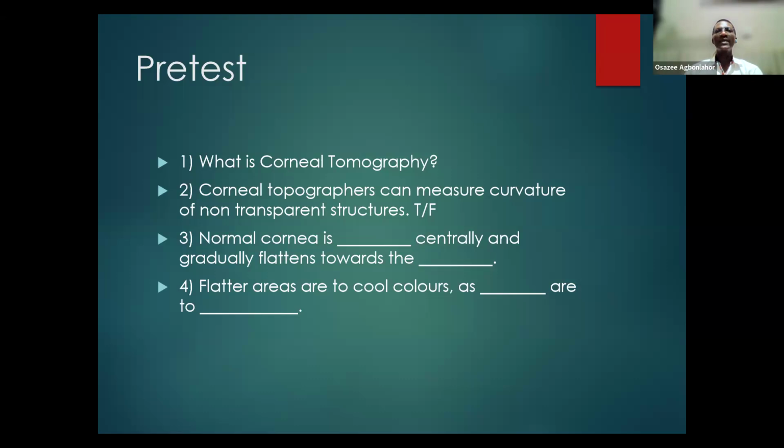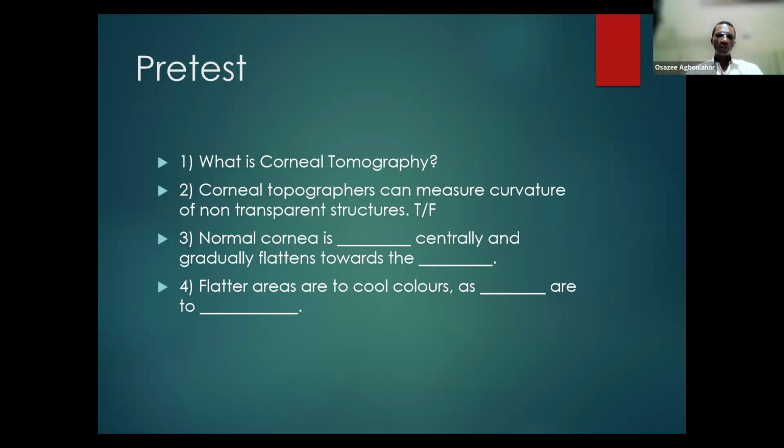At best it tells you superior, inferior, nasal, temporal, so it gives you 2 images. So it doesn't really give you a 3D form. However, you can also make it a 3D form if you want. Some tomographs have the ability to give you a 3D form.